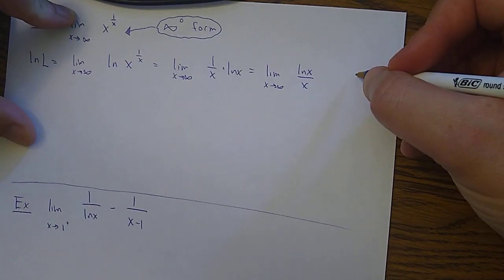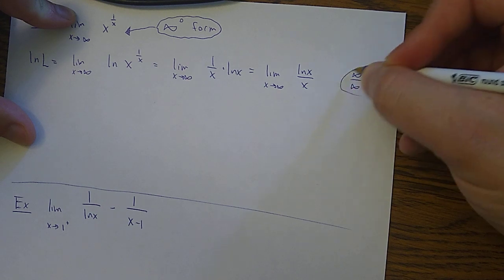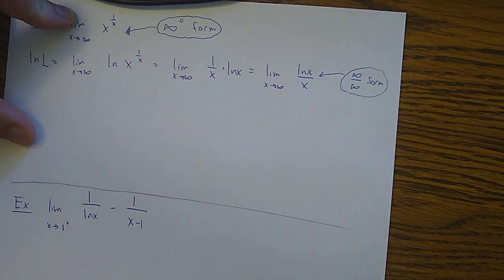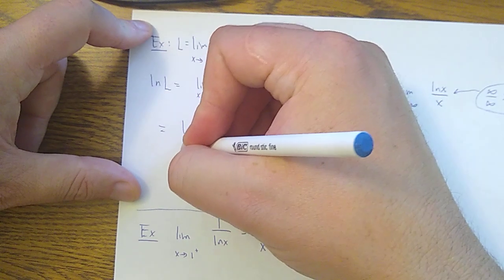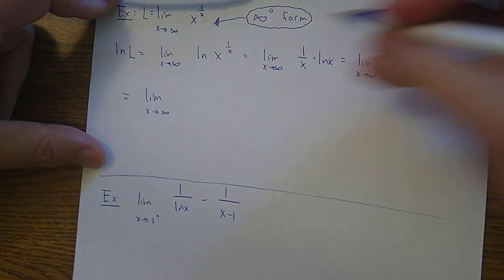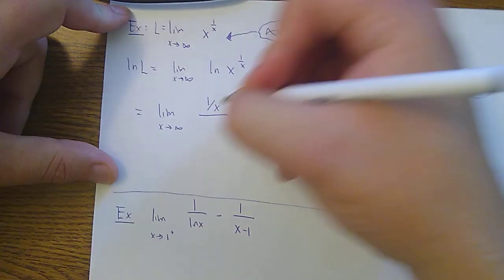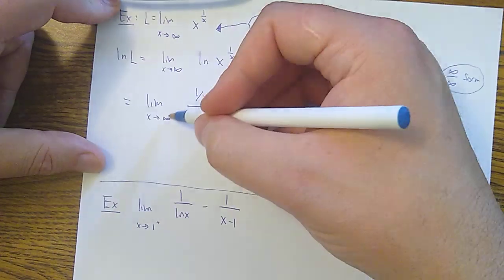So this is now an infinity over infinity form. So I can use L'Hopital's rule directly. The derivative of the top is 1 over x. The derivative of the bottom is just 1. And now as x goes to infinity, this just goes to 0.